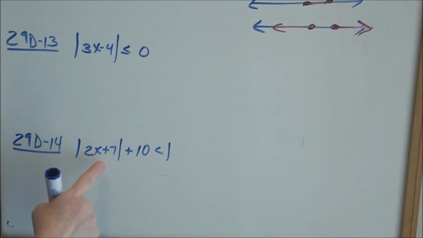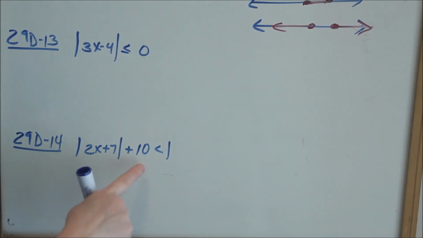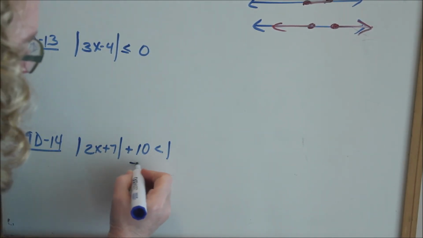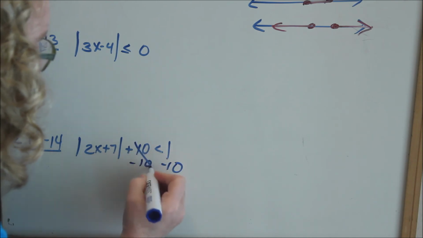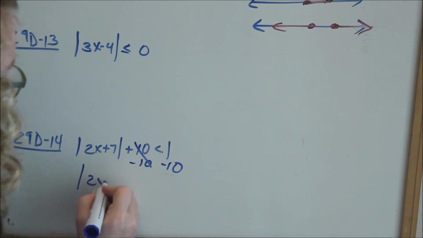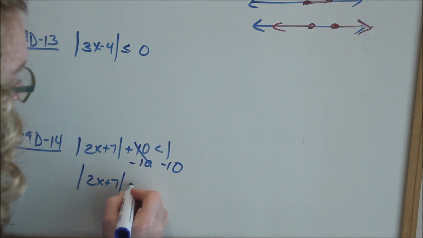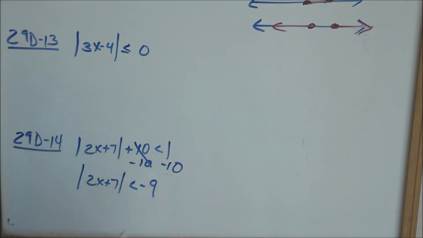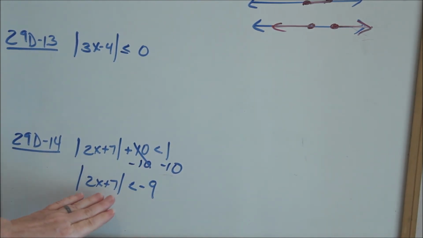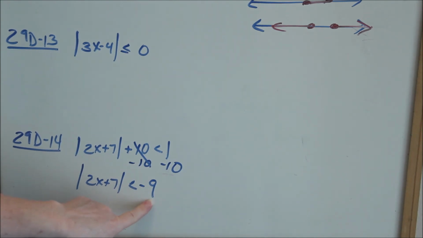Okay? Now, let's look at this one right here, 29D, number 14. So, again, the idea is to get the absolute value all by itself and get numbers together. So, subtract your 10 over. So now you have the absolute value of 2x plus 7 is less than negative 9. Well, less than negative 9 means negative 10, negative 11, negative 12, any number would be less than that.